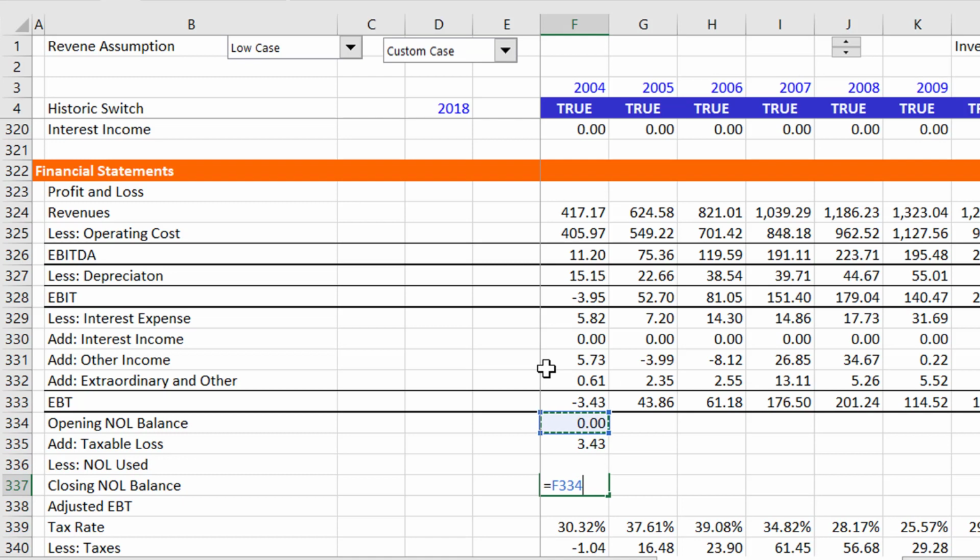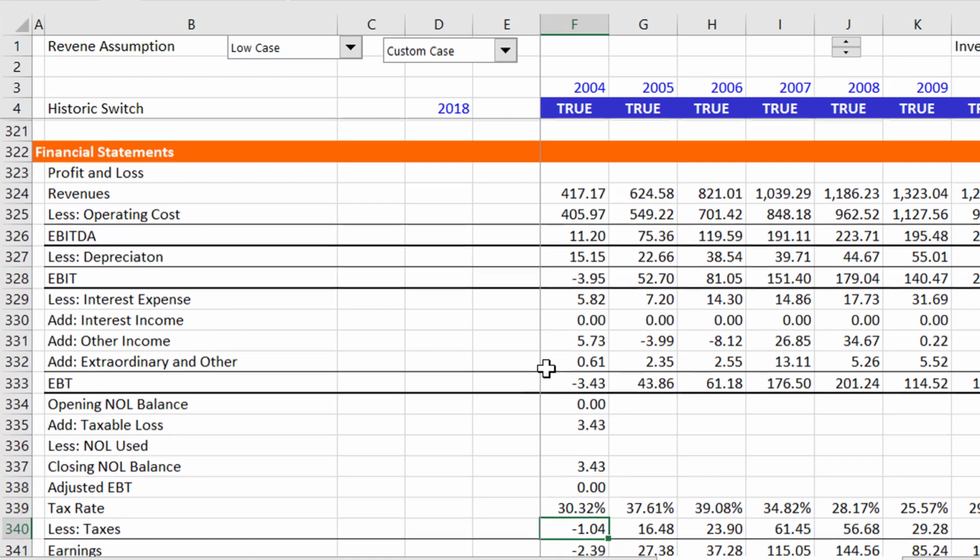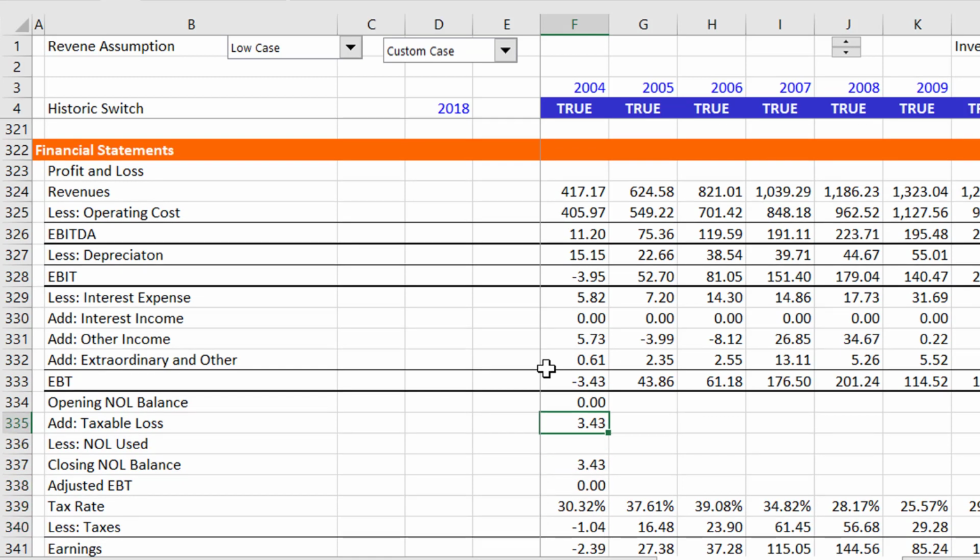And let's put the closing balance here first. That's plus the taxable loss, but then we're going to have to subtract how much we used. And now our earnings before tax are going to be the minus of this, plus any amount we have to defer, minus the amount we're going to use later on. And so we can have this.